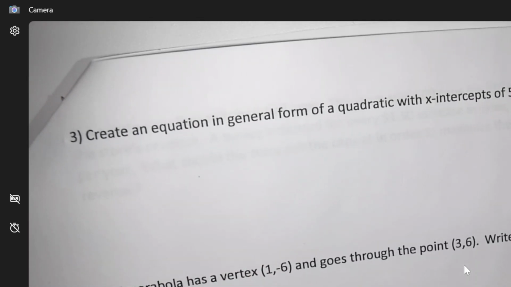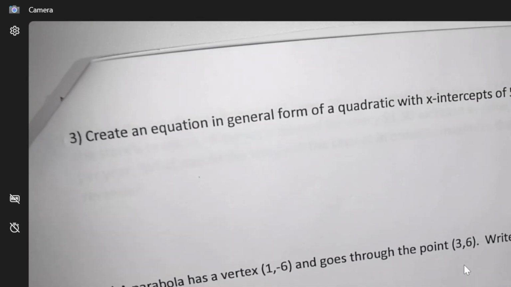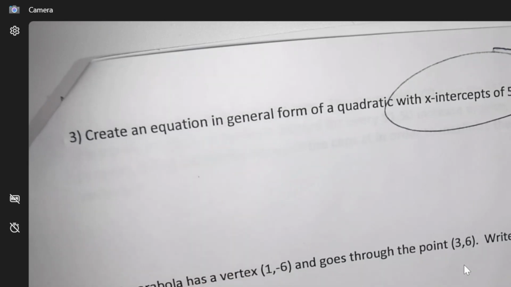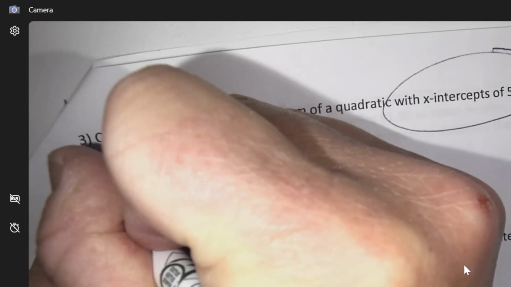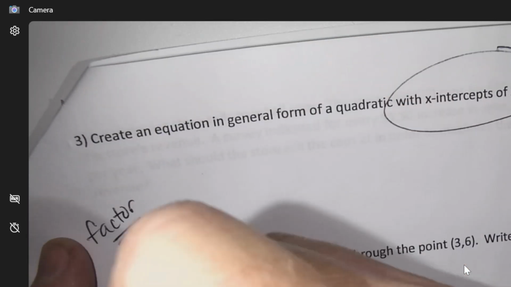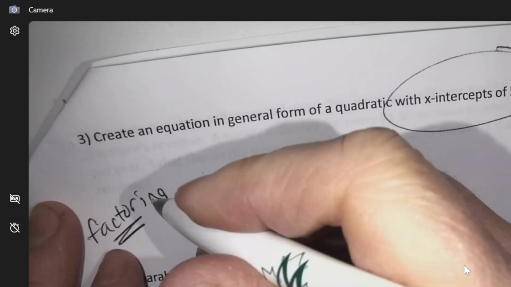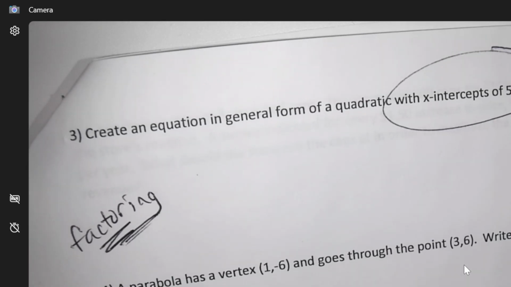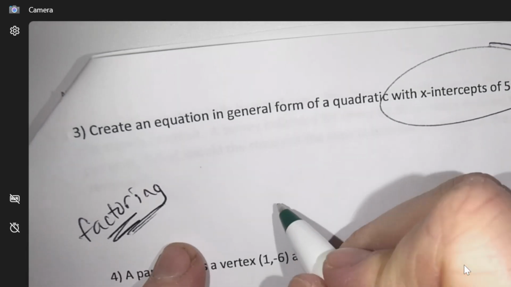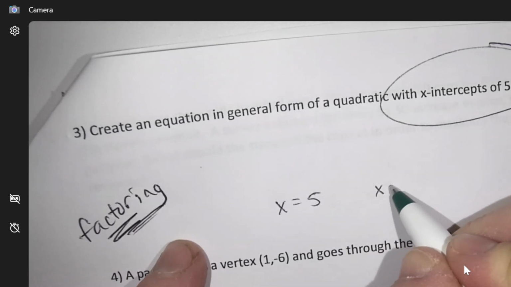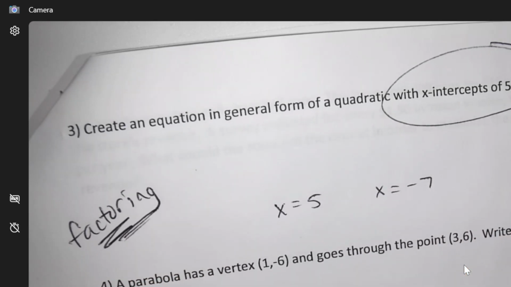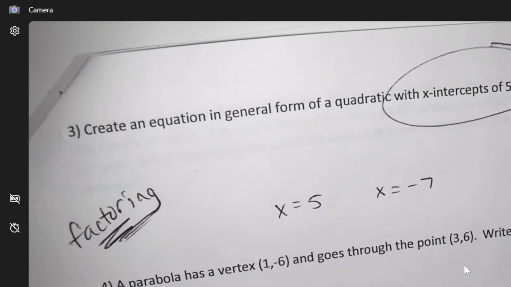Okay, create an equation of a quadratic with x-intercepts of this. So if they have x-intercepts, would we agree that they must have done some factoring? They must have done some factoring to get the x-intercepts. So how can I work backwards to get an equation?